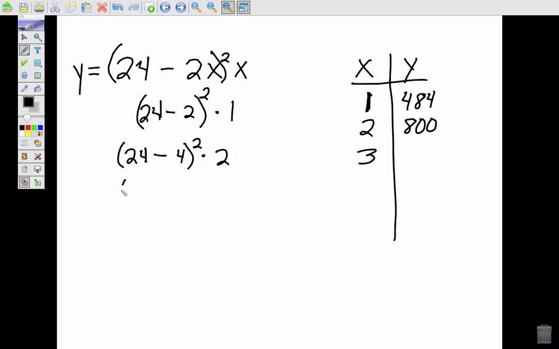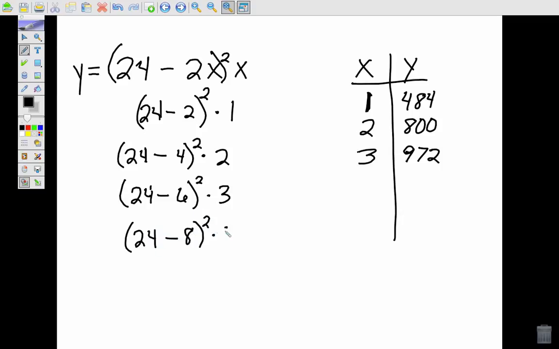You can see my volume's going up. If it's 3, you do 24 minus 2 times 3, which is 6, squared times 3, and you get 972 after calculating that. Let's try 4. You do 24 minus 2 times 4, that's 8. You square it, and then you multiply it by 4. I'm just substituting these x values, the input-output.